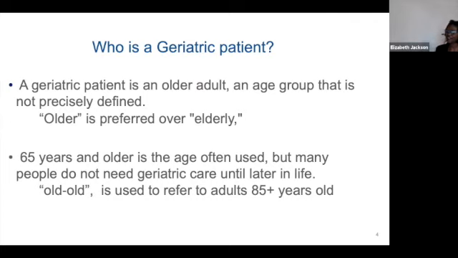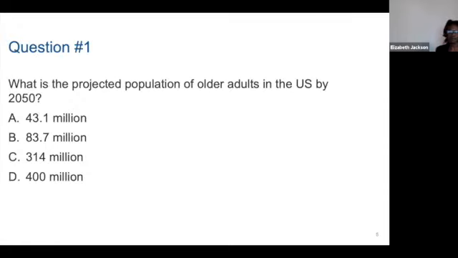Older is actually preferred over elderly, so we want to refer to these patients as older rather than elderly. 65 years and older is the age often used, but many people do not need geriatric care until much later in life. Old is used to refer to patients that are 85 years of age or older. Next slide, please.